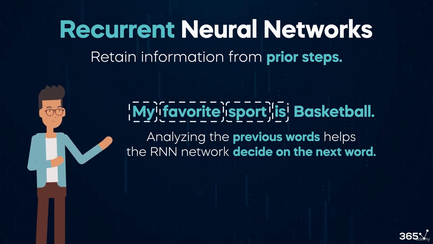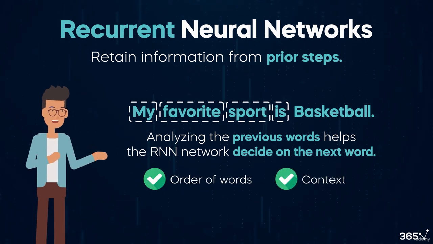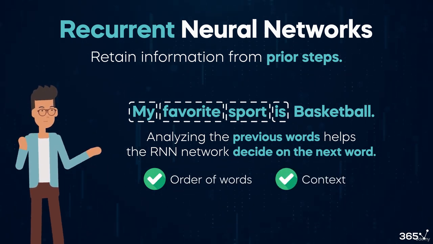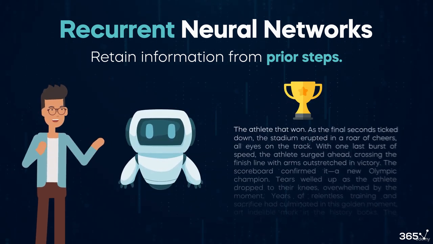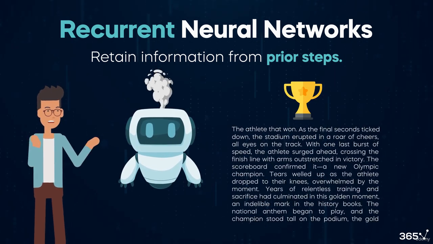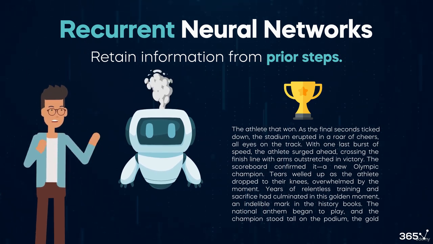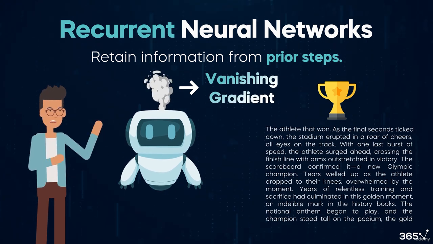This is a considerable breakthrough compared to n-gram models because the order and context of data points are crucial when dealing with language. The primary challenge with RNNs is their difficulty in handling large texts, as they tend to lose earlier information with progressive text segments. This problem is called the vanishing gradient issue.